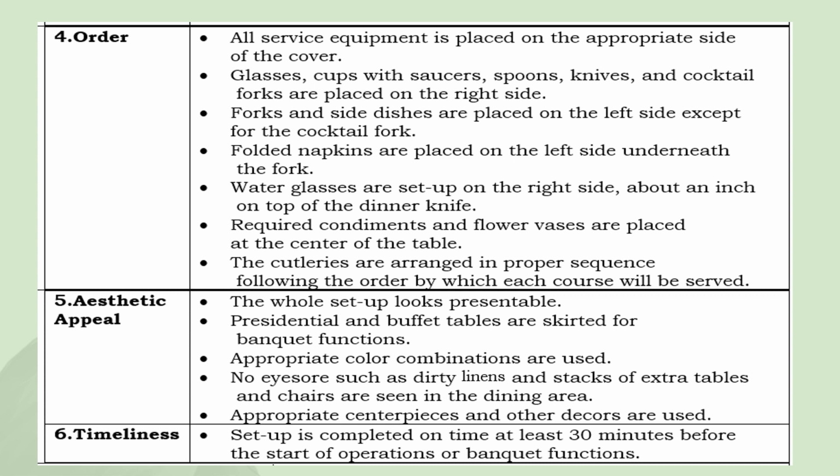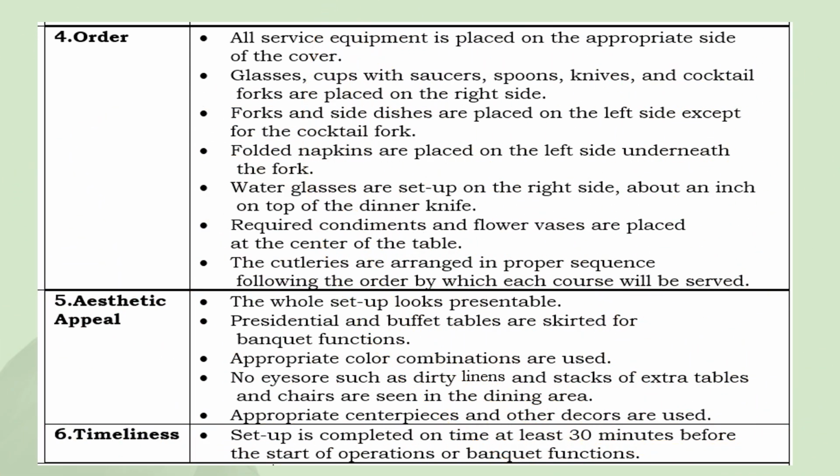Folded napkins are placed on the left side underneath the fork. Water glasses are set up on the right side about an inch on top of the dinner knife. Required condiments and flower vases are placed at the center of the table. The cutleries are arranged in proper sequence following the order by which its course will be served.